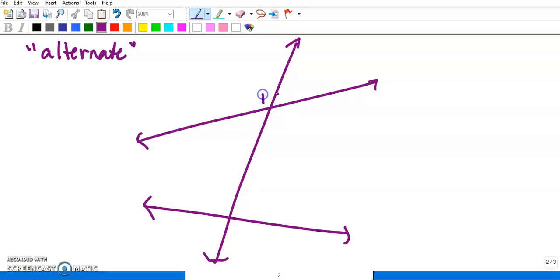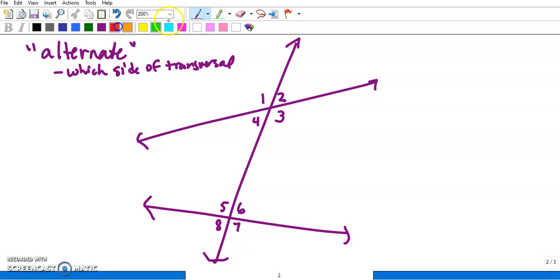I made 8 angles here, and I numbered them similarly on purpose. If they use the word alternate, that's going to refer to which side of the transversal it's on. We're usually comparing one angle in this intersection with one angle in that intersection. So alternate has to do with which side of the transversal.